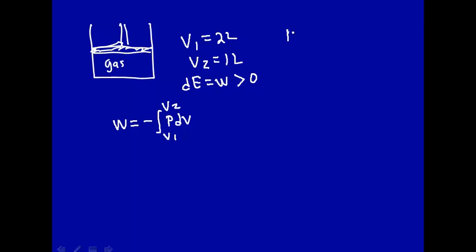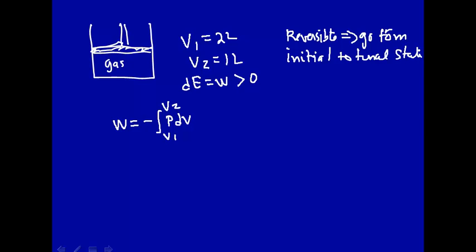Reversible implies that you go from the initial state to the final state by an infinite number of infinitesimal steps.